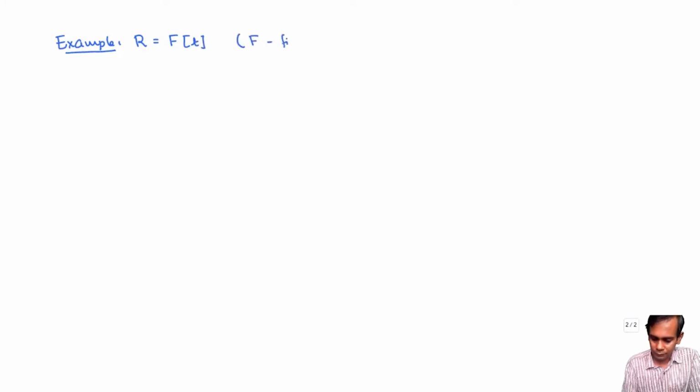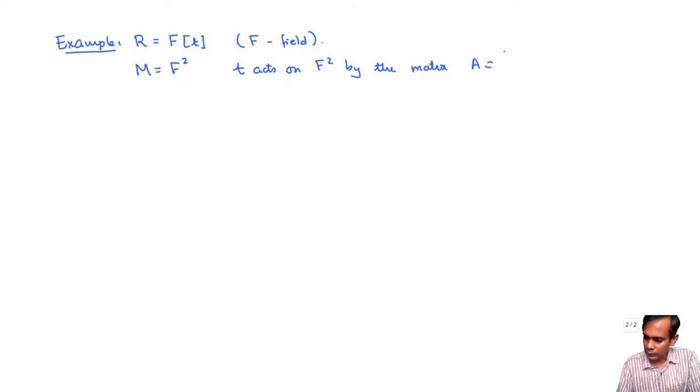Let's take the next example where we take R to be the ring of polynomials in T over some field F. And let's take M to be, as an additive abelian group, F squared, and let's define the action of T as the matrix A equals 0, 1, 0, 0.